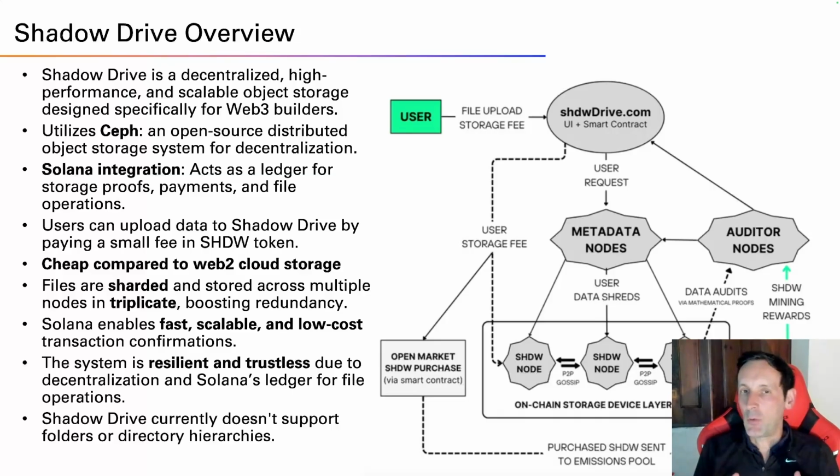At the time of recording, Shadow is actually pretty cheap. So you can buy a bunch of tokens very cheaply, and then you can pay your fees to the Shadow ecosystem by just having some Shadow in your wallet. And as I said, everything is currently pretty cheap.